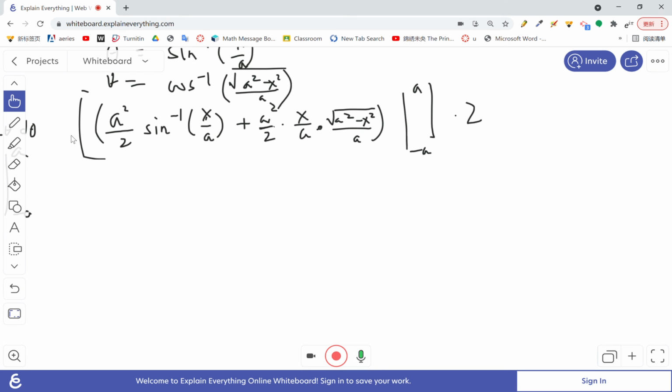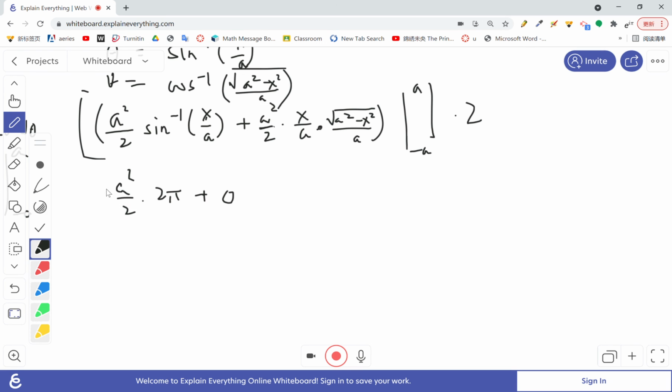Now let's evaluate it. We have a squared over 2 times arcsine of a, which is a squared over 2 times pi over 2. Plus a squared over 2 times 1 times the square root of a squared minus a squared, which is 0.